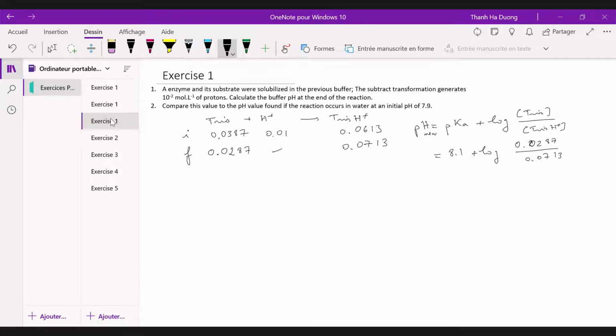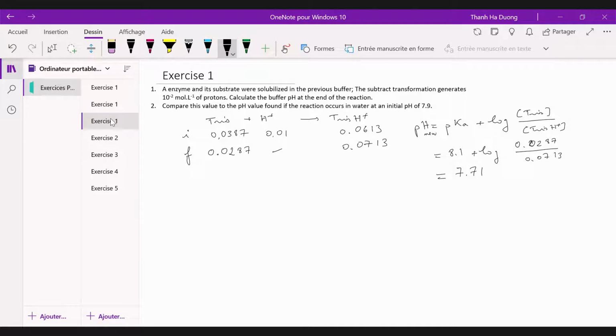Okay, so give me the value of this. Is it 7.7? 7.771.